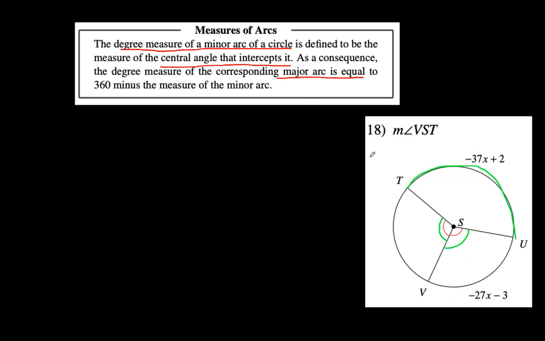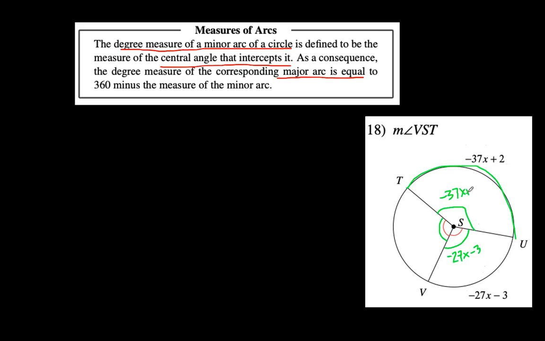By definition and by the given property of central angle, if this arc is negative 27x minus 3, this angle is also equal to negative 27x minus 3. And if this arc is negative 37x plus 2, this angle is also equal to negative 37x plus 2.